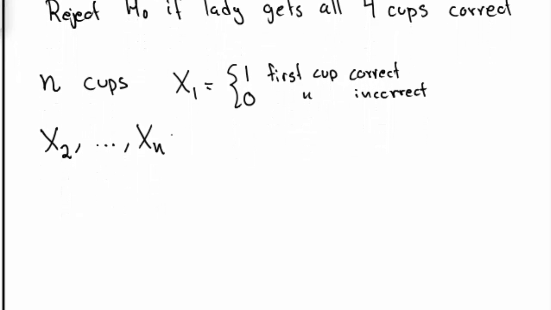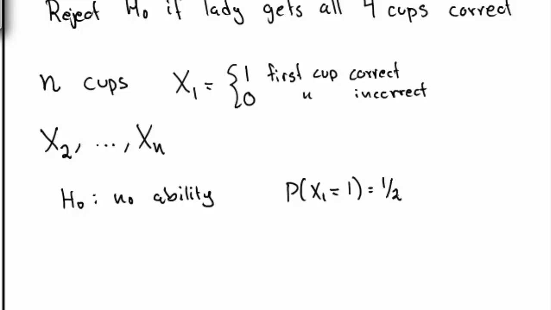So in this way, I have a sequence of n random variables. My null hypothesis is the same. So the null hypothesis is no ability. If you have no ability, then the probability that x1 is equal to 1 must be precisely 1/2. You'll have a 50% chance of getting the first cup correct if you just simply guess.